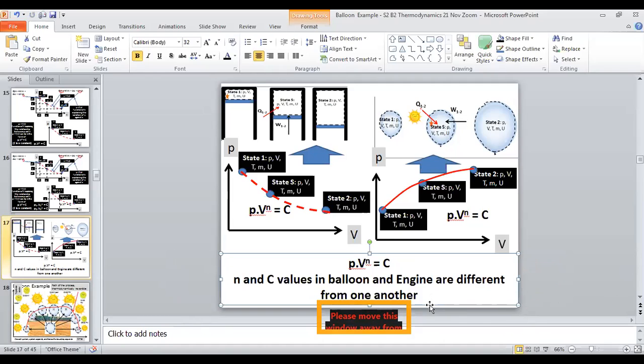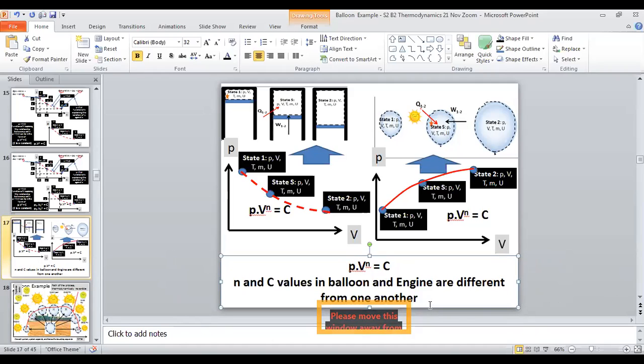Because the balloon example's n and C can never be the same as the engine example. In the engine, because of the spark, the power production, there is pressure reduction and expansion. In the balloon, the heat, somehow like a spark, can be from the sun, and pressure and volume increase together. See the difference.